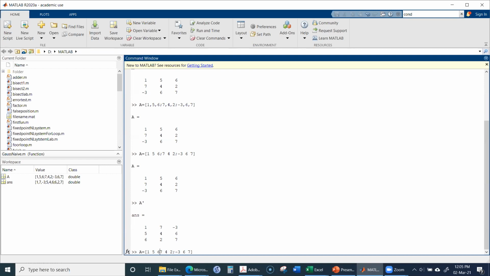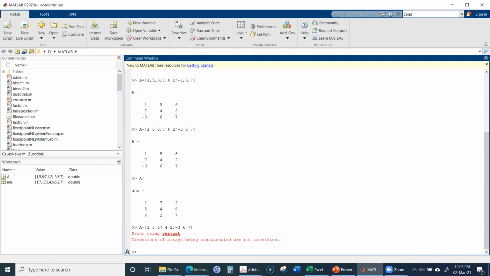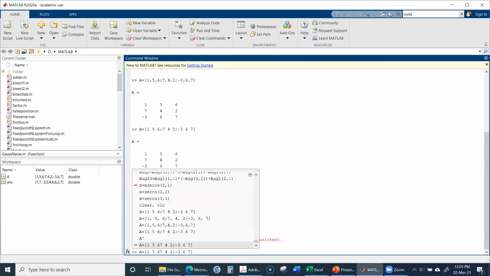Instead of putting a semicolon, you can hit enter. No, okay, let me show it again.